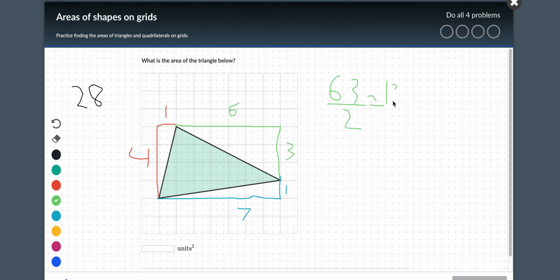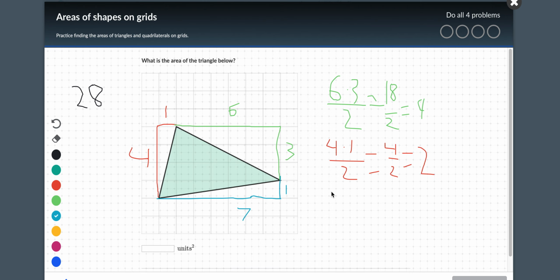So we get 18 over 2, and that equals 9. And now the next one, we get 4 times 1 divided by 2, which will just equal 4 over 2, which then equals 2.